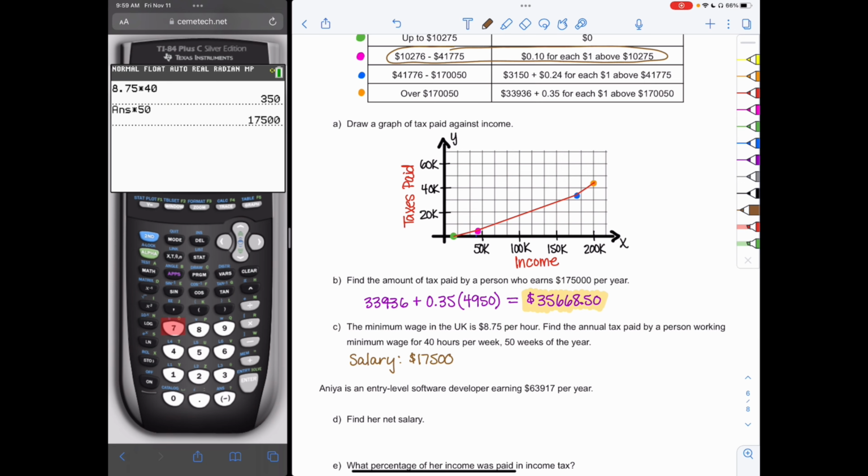So if I take $17,500 and subtract 10,275, that means I need to pay additional taxes on $7,225. So I will take 0.10 and multiply it by 7,225, and that will end up making me responsible to pay $722.50 for taxes.